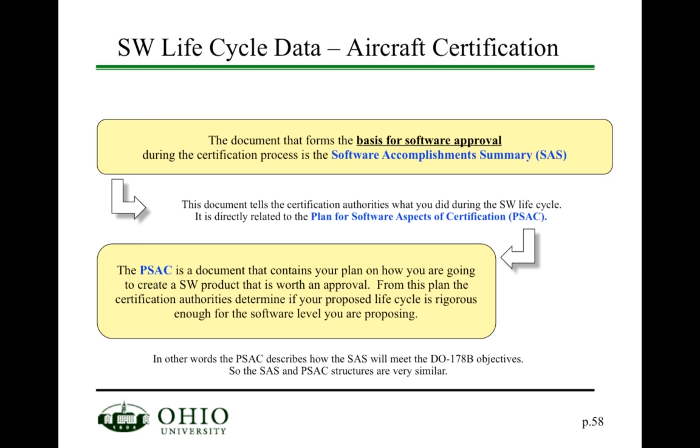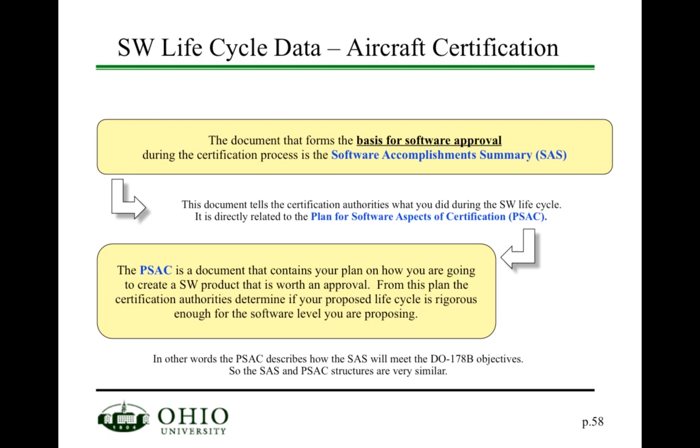The document that forms the basis for the software approval is referred to as the software accomplishment summary. This document tells certification authorities what you did during your software life cycle, and it relates directly to your basic initial plan, which is called the plan for software aspects of certification. This PSAC is very important because that is your master plan.